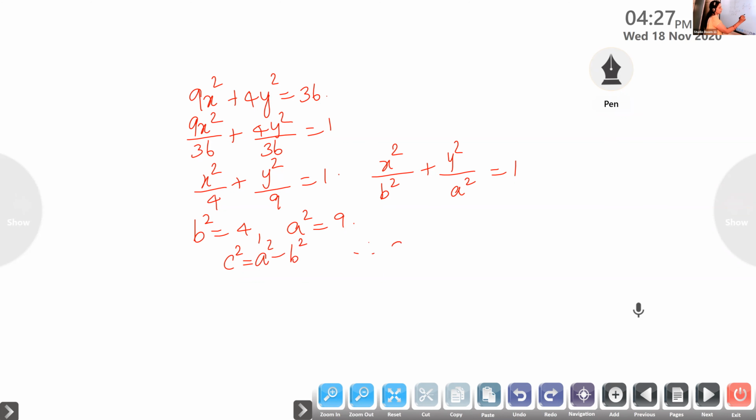So therefore, what is c? After finding c, c is root 5. Okay. So once you find this c, you can answer the remaining questions, isn't it? You can write down what is the vertex.